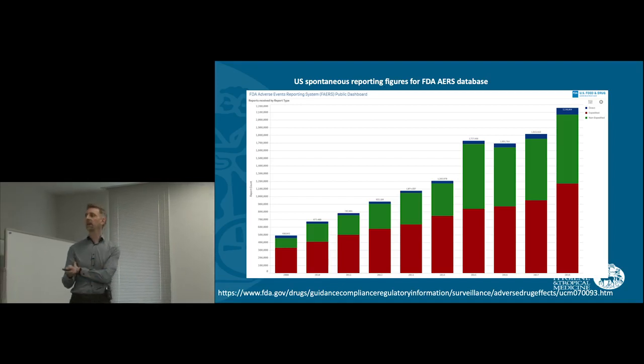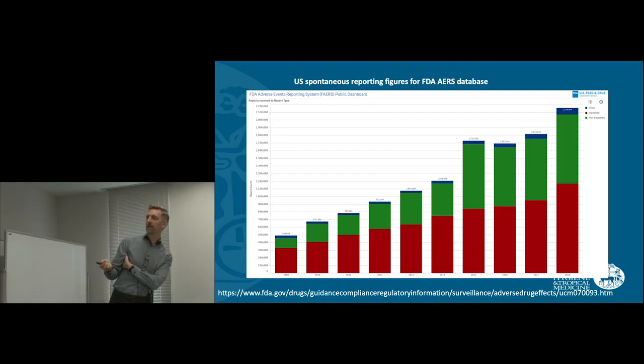And my next slide illustrates this. So although you can't really see the numbers, this is over the last 10 years, the number of spontaneous reports received by the United States FDA. So this is their drug regulatory authority. And back in 2009, they had around 500,000 reports a year. Okay?